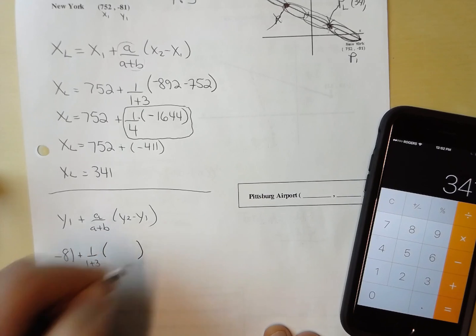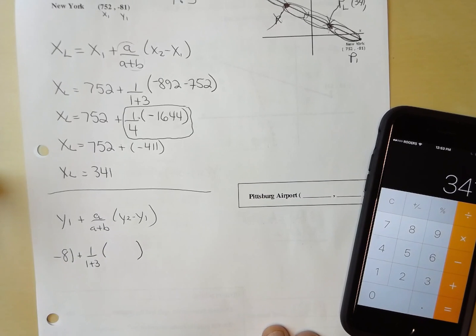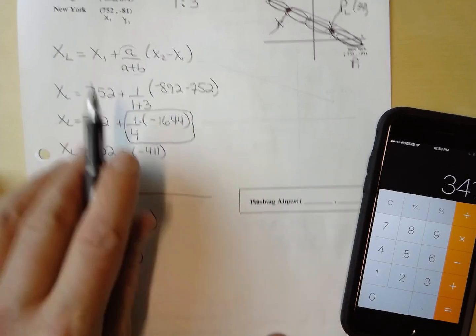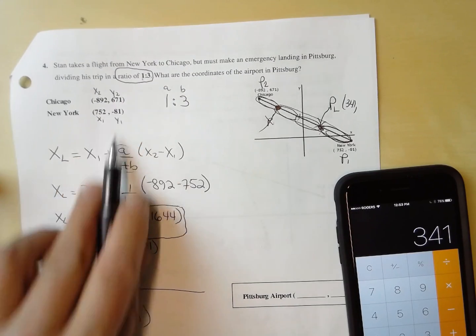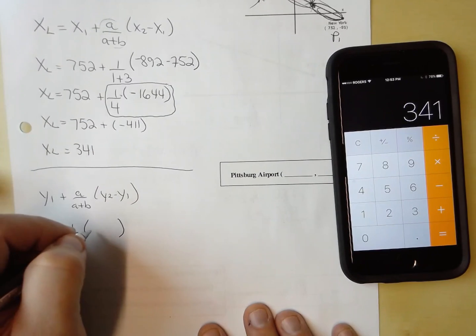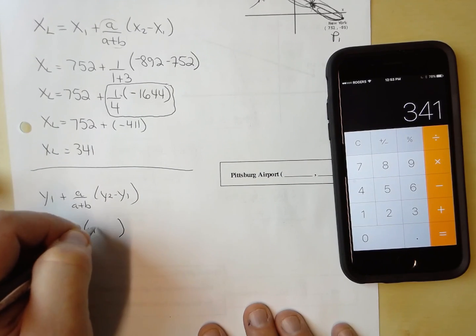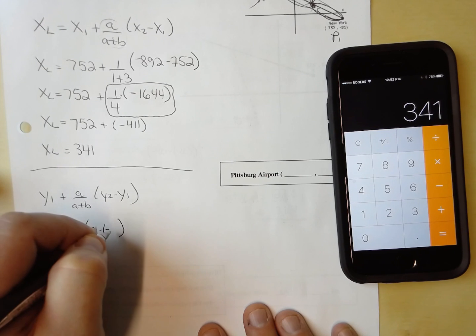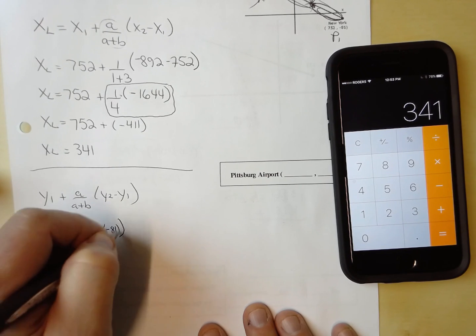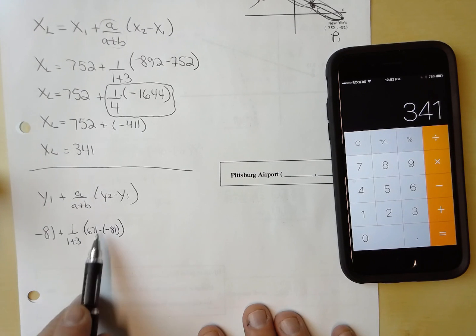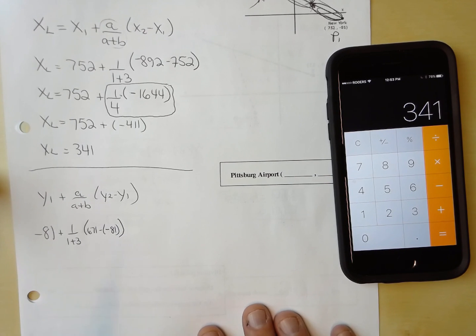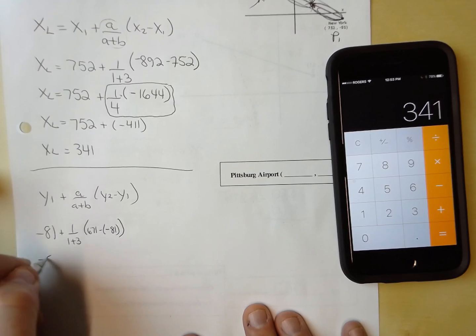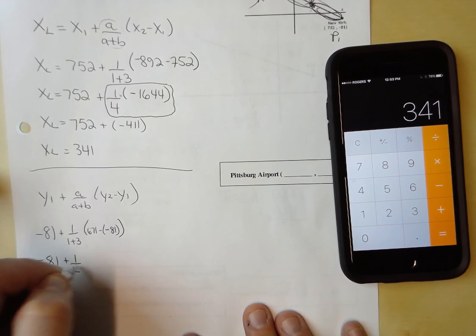It's going to be 1/4, but we'll write it in just for the sake of being accurate. And then y2 minus y1. Y2, if you look up at the top where Chicago is, 671 minus negative 81. Got to be careful there. I like those brackets around the negatives, always for negative numbers. It makes your life easier. Negative 81 plus 1 over 4 times.